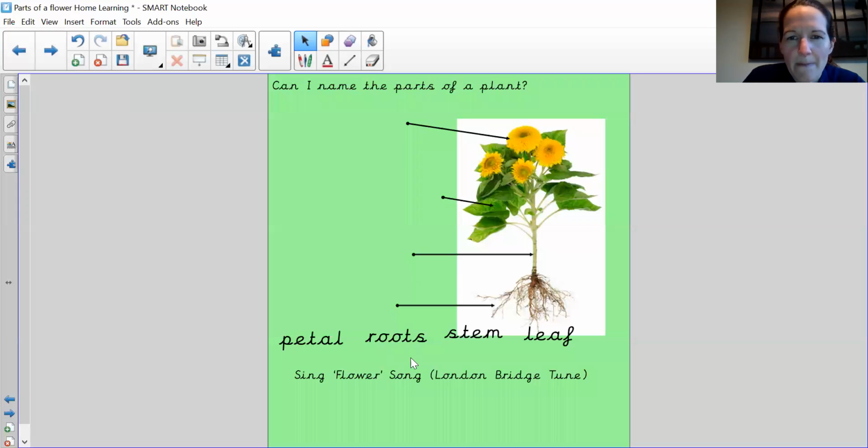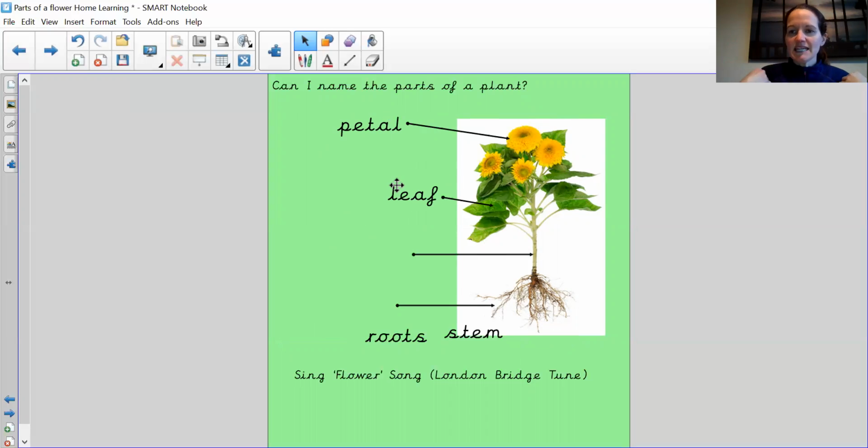So who remembers what is the name of the brightly colored part of a flower? You shout it out? Well done. If you said petal, my turn, your turn. Petal, petal. Great. What about these? What are these green parts of the flower? Well done. If you said the leaf, leaf.